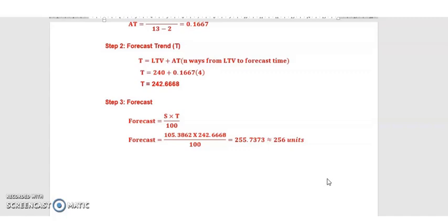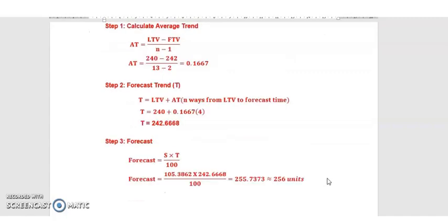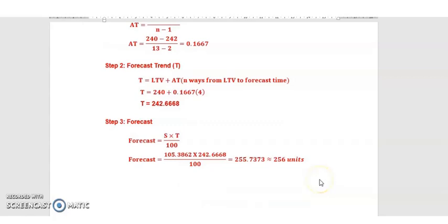Let's say 256 units is below the average production in your factory. If it is below average, you can hire fewer workers, or as a manager you have no need to take on more part-time workers, because this will affect your budget. That is an example of the usefulness of forecasting.